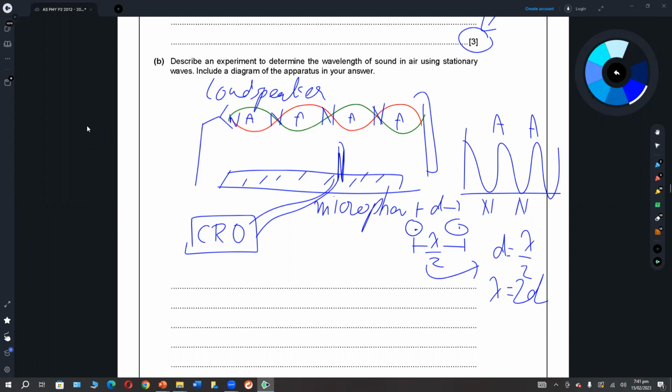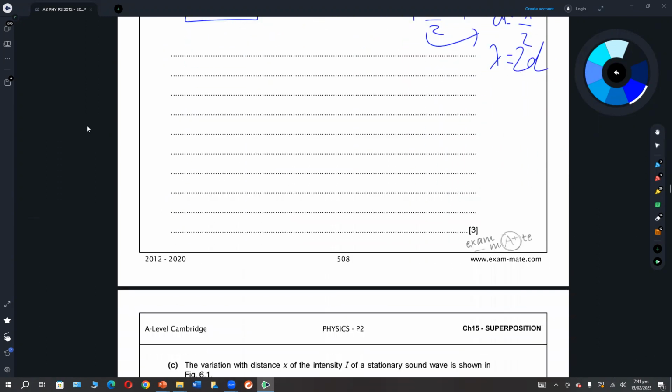The signal will be zero at the node and at the antinode the signal will be maximum. So using the microphone, you locate successive nodes and antinodes, take their separation, and double the separation to get the wavelength.